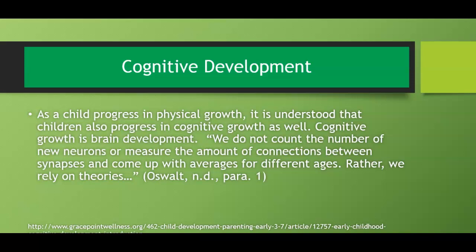So when we talk about brain development, brain development is basically how the child develops in their brain, in their mind, how the mind grows, how they process information, and how a child is influenced through the activities and the experiences that we give the children.